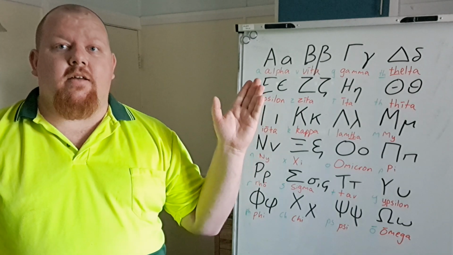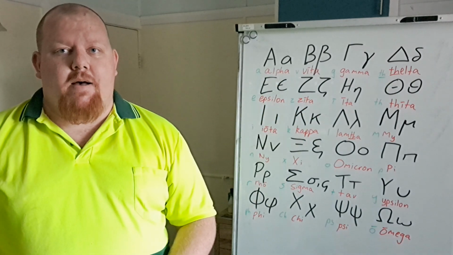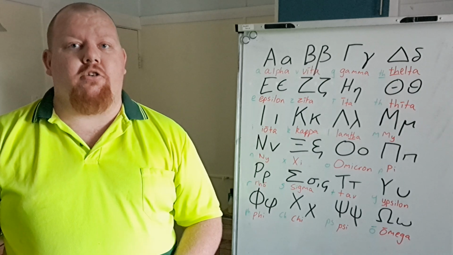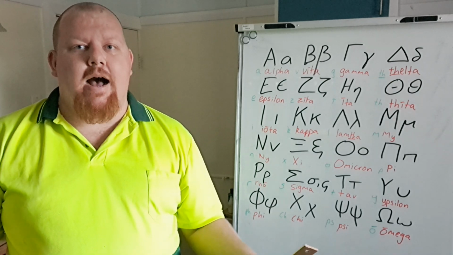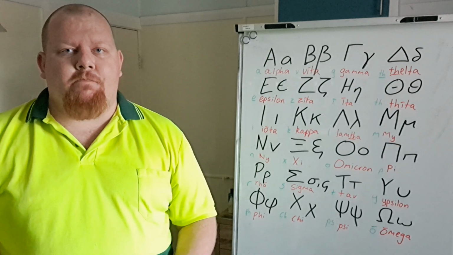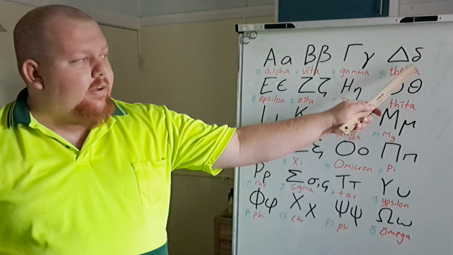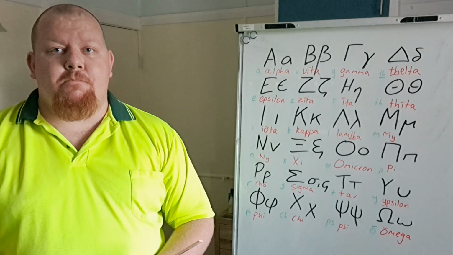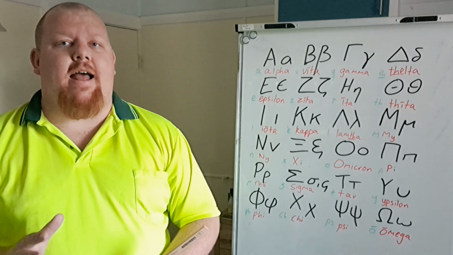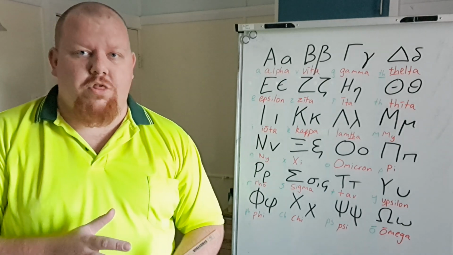The next letter is Gamma. Now, if that guttural G sound is a bit hard for you to produce, just use a normal G. The next letter is Delta. It is pronounced with the TH sound as in this or that.